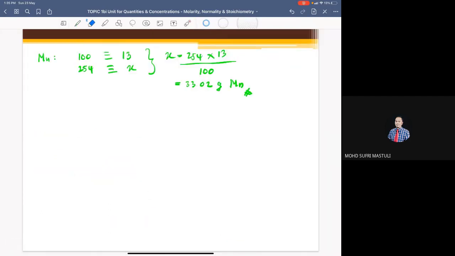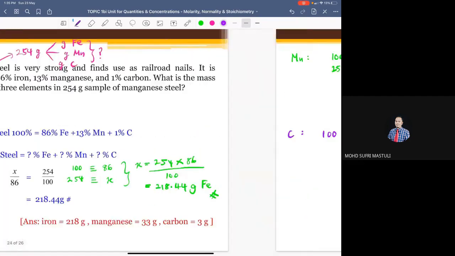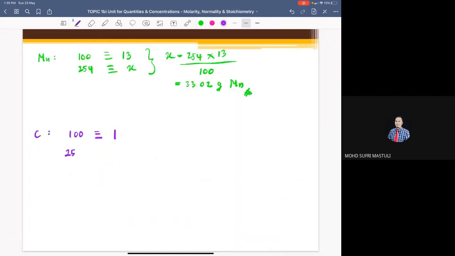So for carbon, we know 100% of manganese steel contains about 1% of carbon. So for 254 gram of manganese steel, how much carbon does it contain?